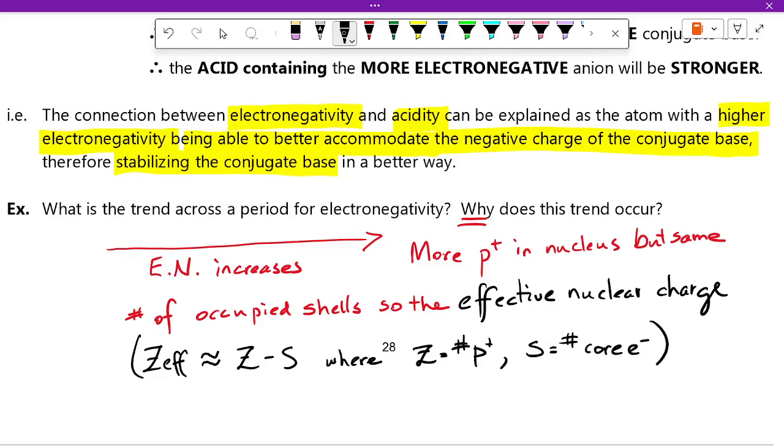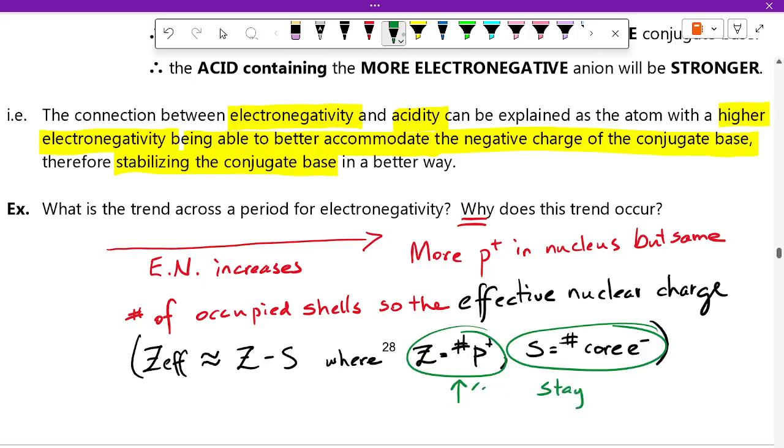So the number of core electrons is staying the same. Z minus S, yeah? Z minus S is the number of valence electrons, except that the charge would instead be positive.